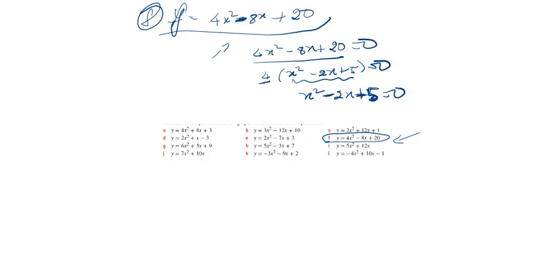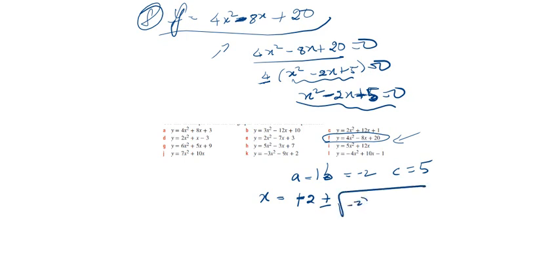So here a is equal to 1, b is equal to minus 2, c is equal to 5. Now, we are looking at only this bit. So minus b will be plus 2, plus or minus root of b squared, which is minus 2 the whole squared, minus 4 times a times c, divided by 2 times a.